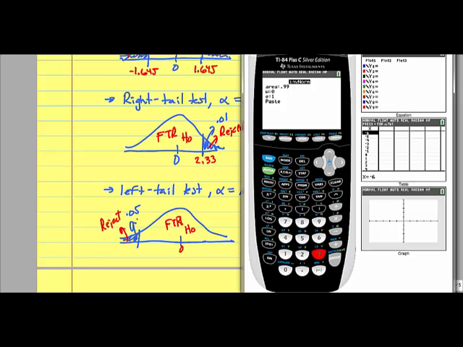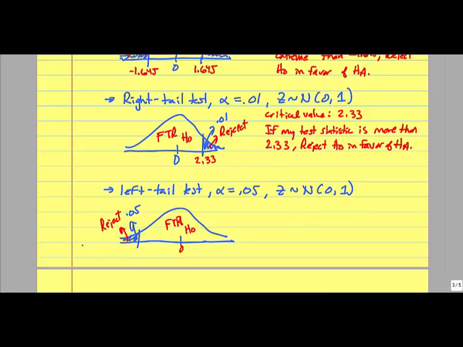Here, the area to the left would be 0.05. My mean is 0 and my standard deviation is 1. And I get negative 1.645. This is that weird case where we go out to an extra place. I'll show you on our normal tables.